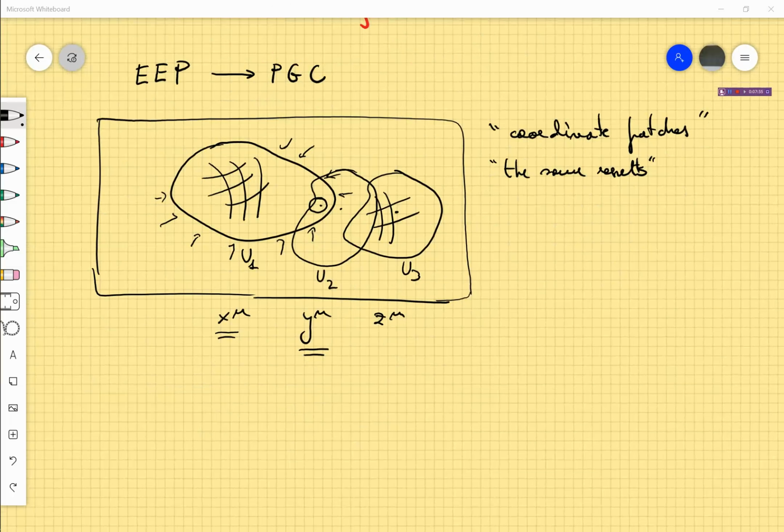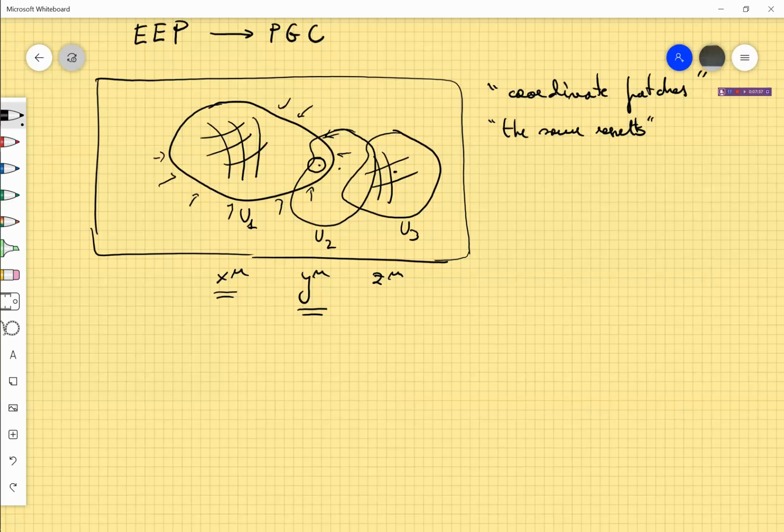So the consequence of this discussion is that we have to study coordinate transformations, and we have to find objects that transform well under these coordinate transformations because they are unavoidable.